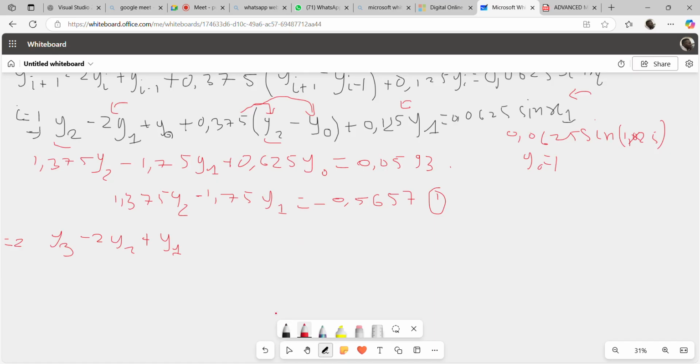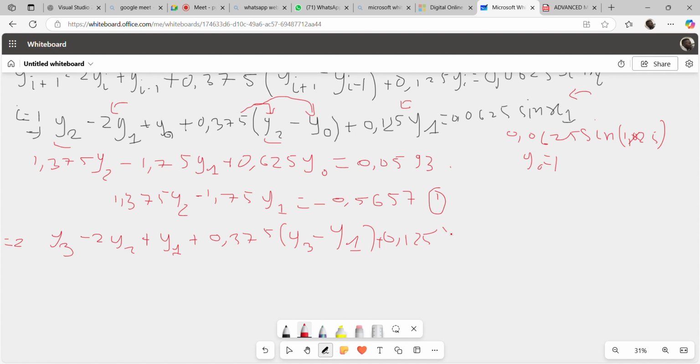Basically, the way I'm doing it. Now, you have plus 0,375. Inside here I have y2, I am increasing by 1, I have y3. Here I have y0, I'm increasing by 1, I have y1. Here it's plus 0,125.